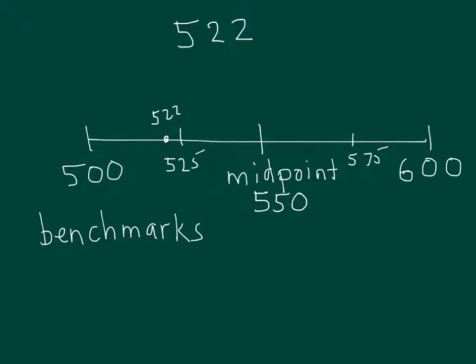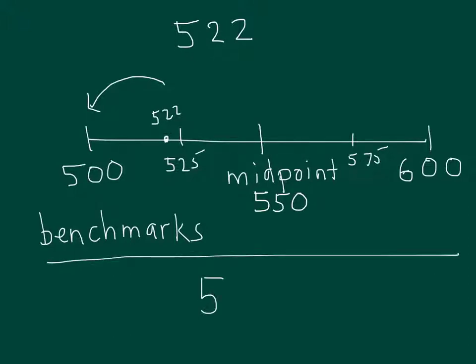We're almost done now. So now we have to look and see, is 522 closer to this 500 or to 600? And just by looking, we know it's less than the middle, the midpoint. So it's going to go closer to 500. So using the number line, we get the exact same answer that we did with using the other method, which is rounding to the nearest hundred.